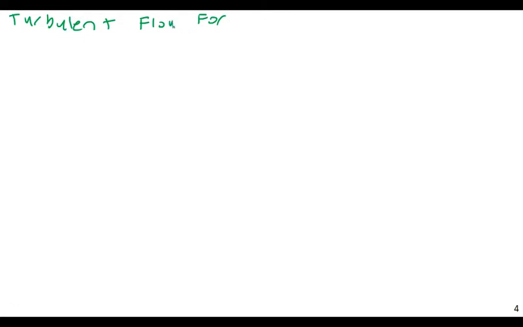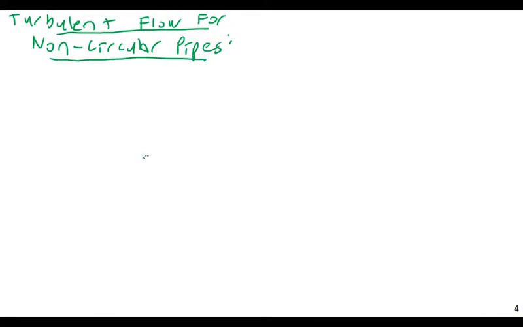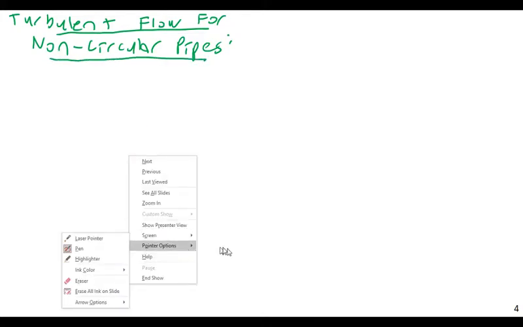Turbulent flow for non-circular pipes, and we'll say that we're still going to use the Moody chart. We'll just modify our inputs slightly.